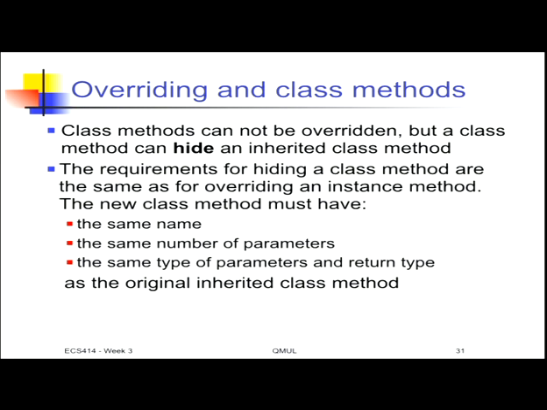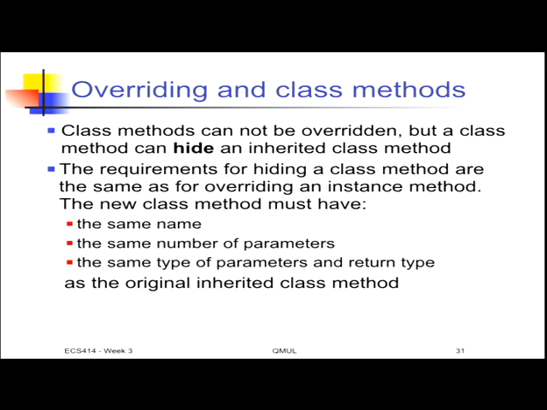Overriding doesn't make sense for class methods. But if you have a subclass of another class, you can still write a method in the subclass that has the same name and parameters as a method in the superclass. In that case, however, we are not talking of overriding. We are talking about hiding.